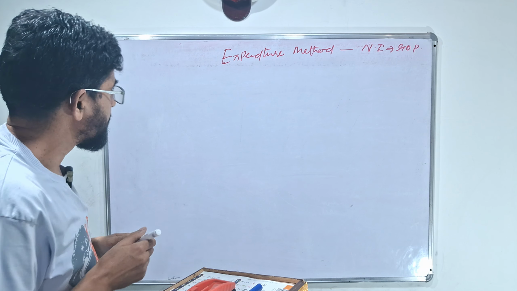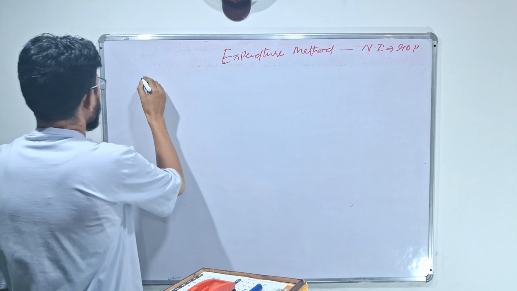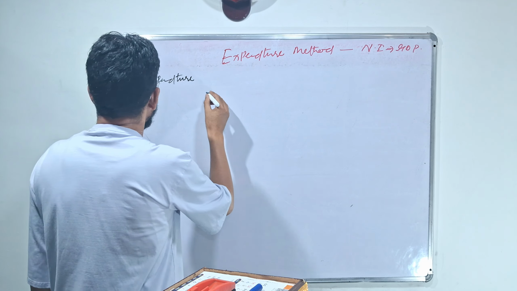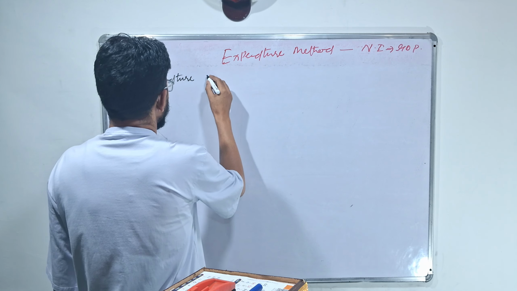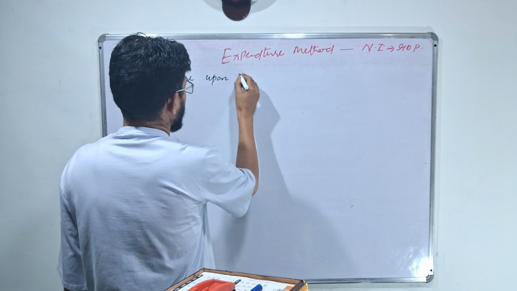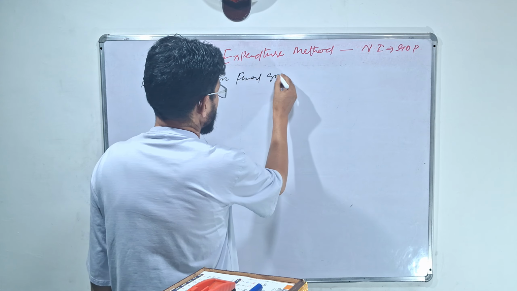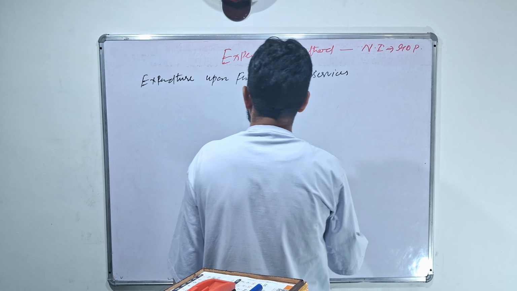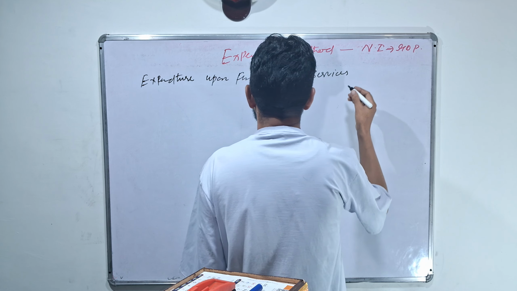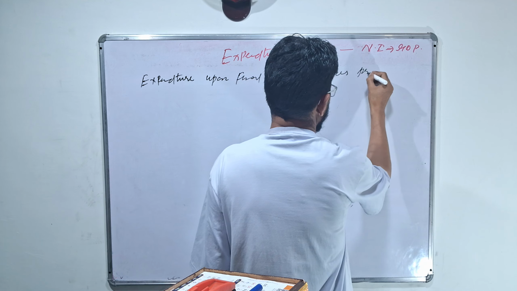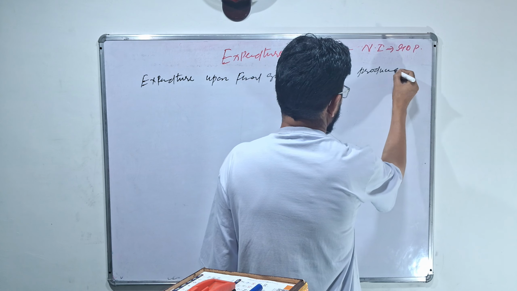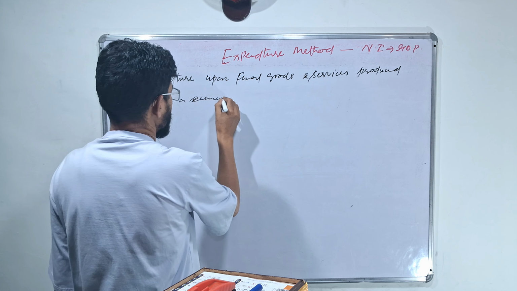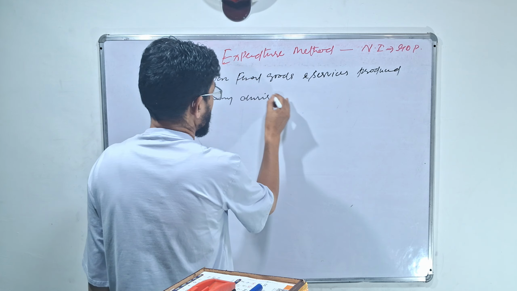What do we call the expenditure method? Generally, it is expenditure upon final goods and services produced in an economy during an accounting year.